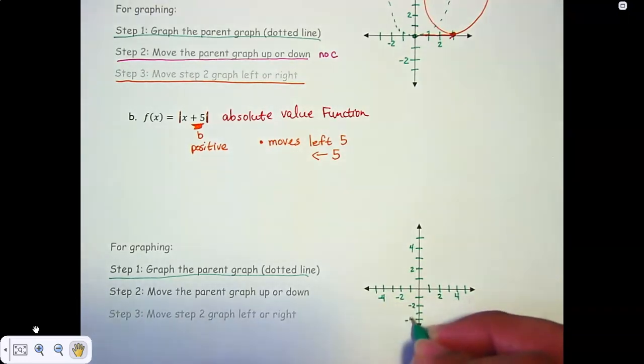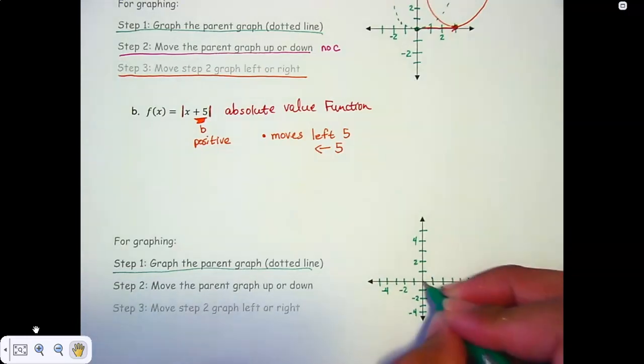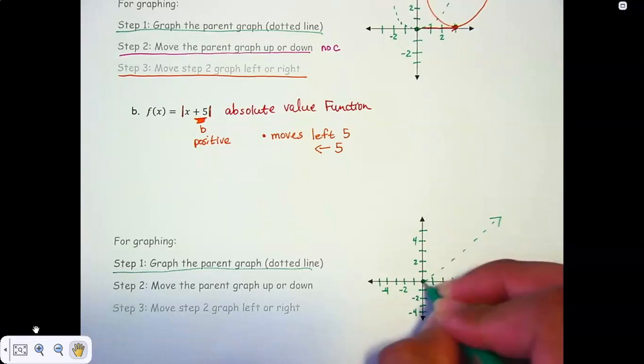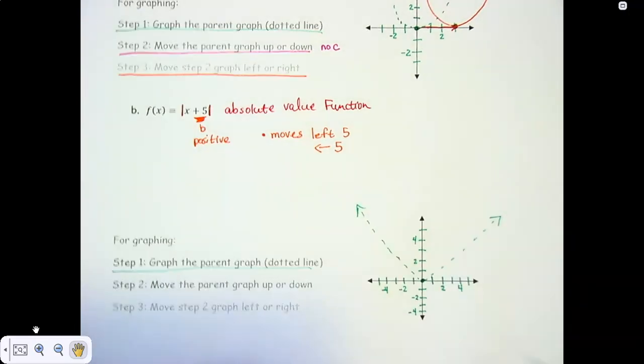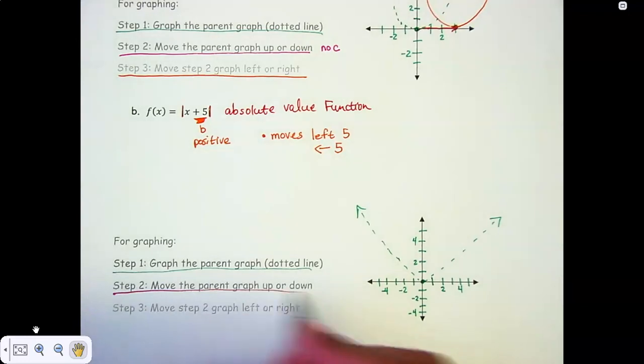Make sure you label it so I don't have to mark it wrong. All right, so it's absolute value, so we're going to do our V shape here. Again, there is no C here. So since there's no C, we can't move up or down. That's step 2.